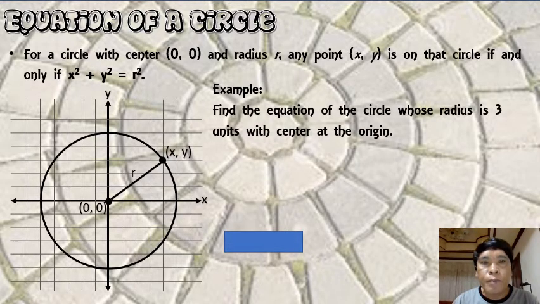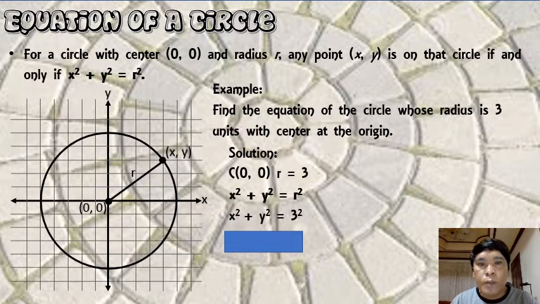Example, find the equation of the circle whose radius is 3 units with center at the origin. So simply we take the equation x squared plus y squared is equal to r squared.